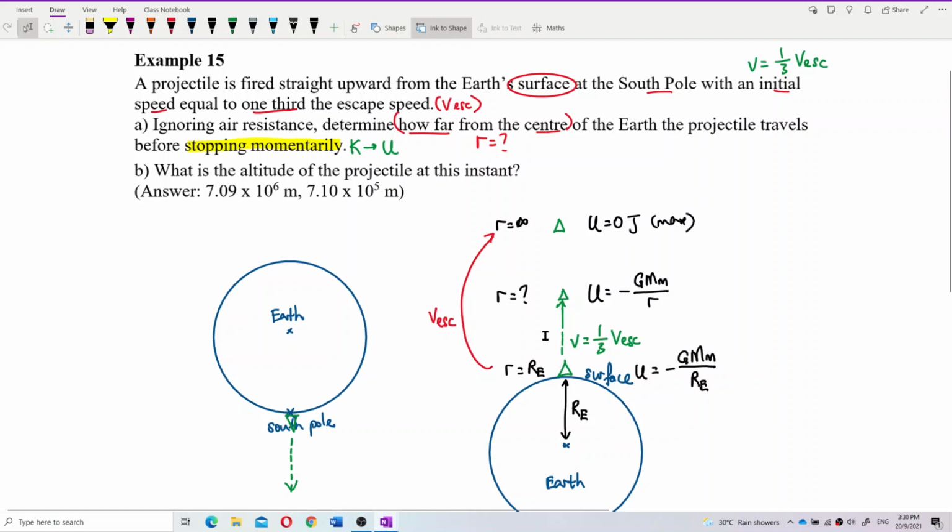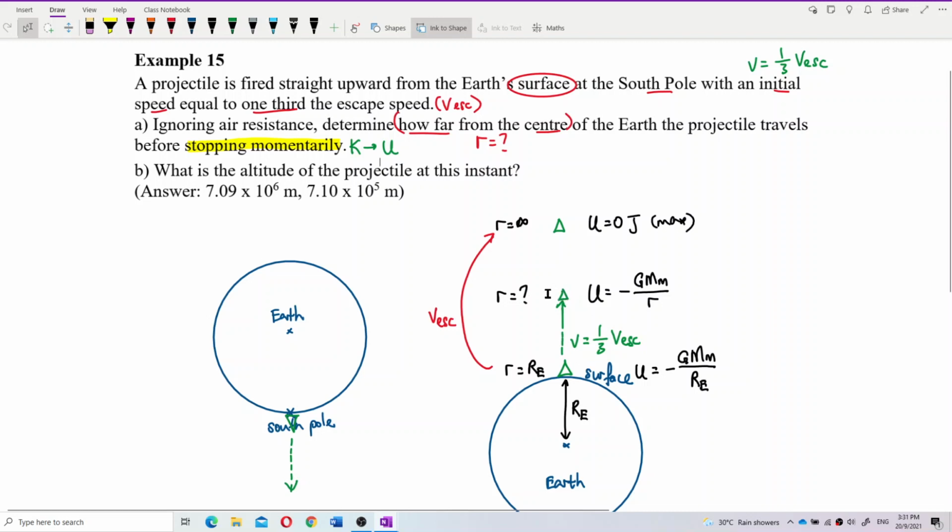But when it goes up and up, the kinetic energy turns to potential energy. When stopped momentarily, it has no more velocity, no more kinetic energy. All kinetic energy has turned to potential energy.